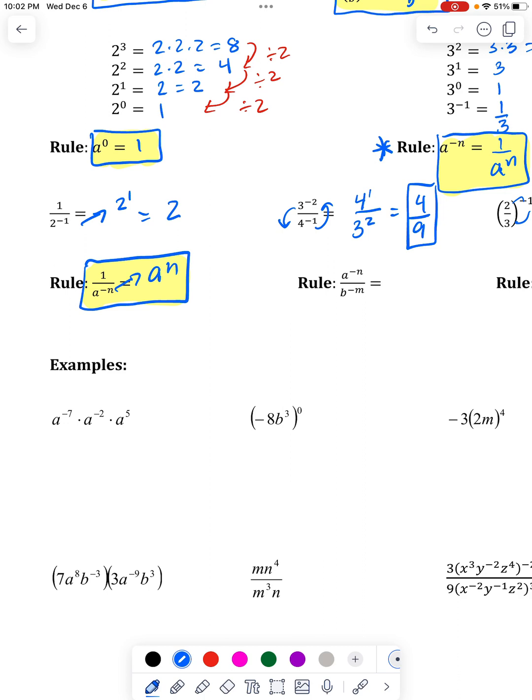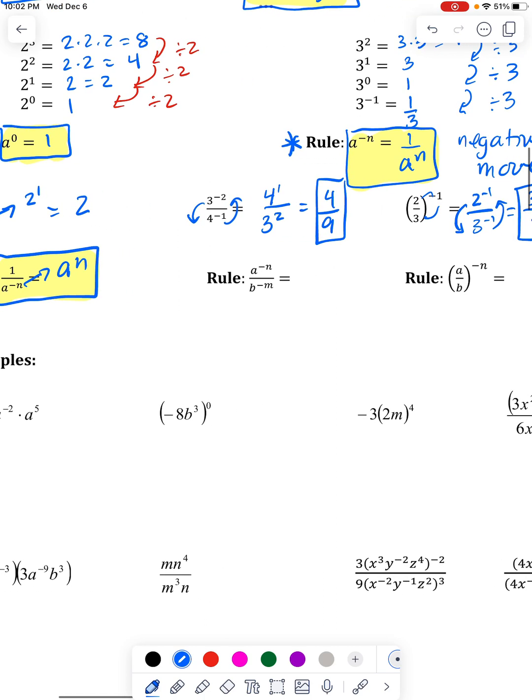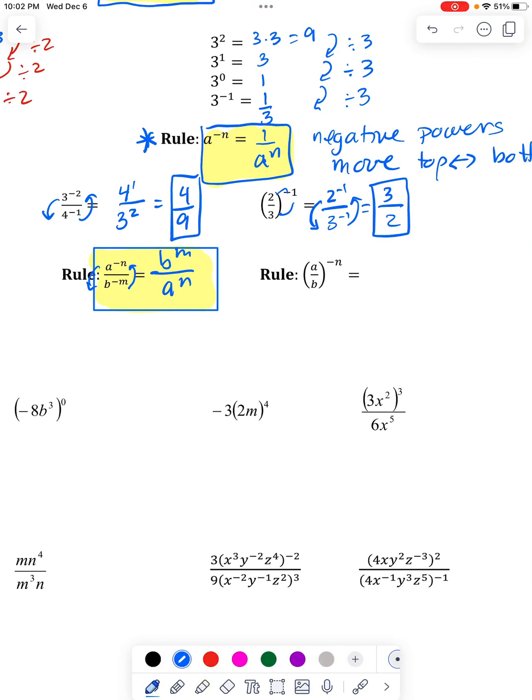So in this particular case, since this is negative, it would move on to the bottom and become positive power. And since this is negative on the bottom, it has to move to the top and become positive power. So it's flipping it over because that negative basically reciprocates, flips it over. Again, anything from the top goes to the bottom.